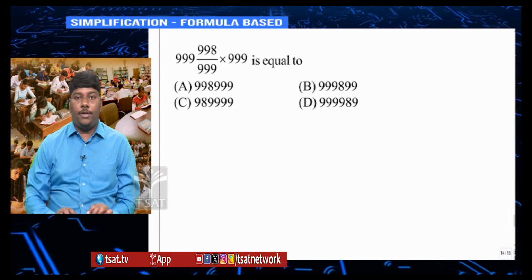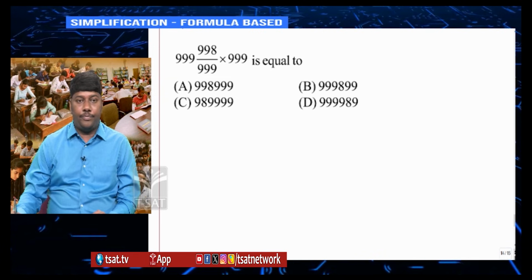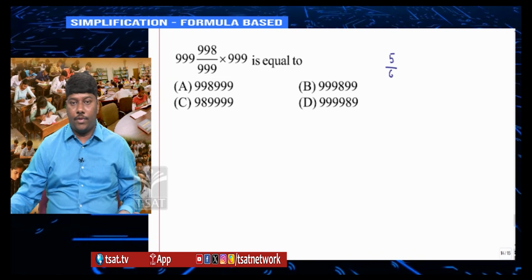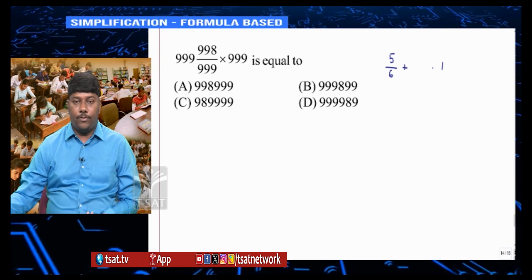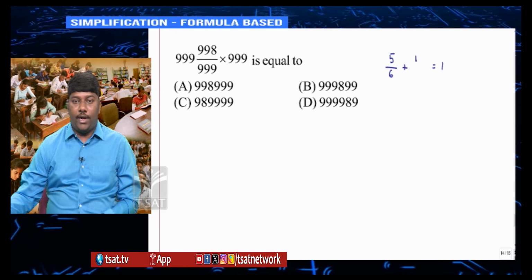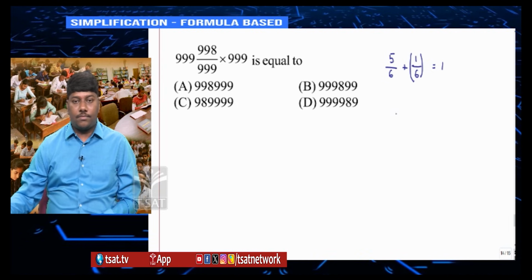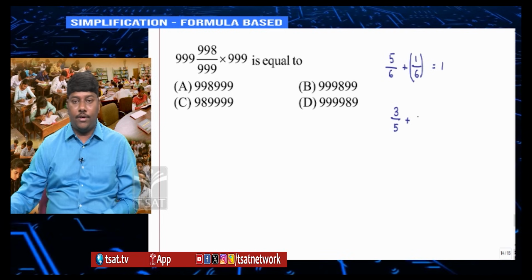We all know a b by c as a plus b by c. Now see here, 5 by 6 you take it. How much you need to add in order to make it 1? So I want it 1. I just need to add 1 by 6 here in order to make it 1. I have 3 by 5. How much we need to add in order to make it 1?